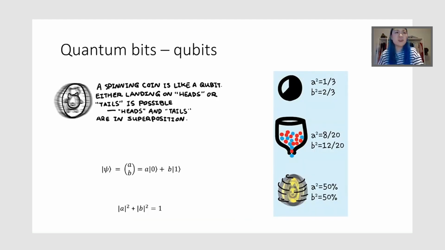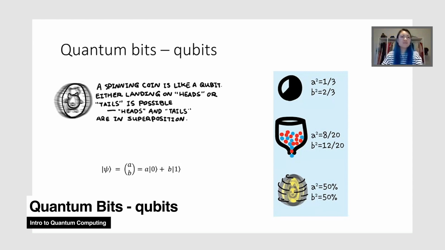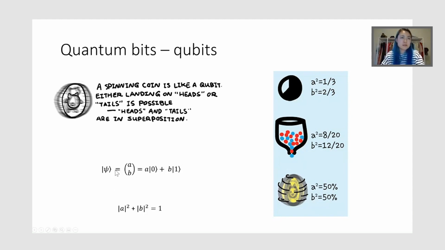watching them. So mathematically, how you can represent that is also using a vector. Phi is an arbitrary label; you can say this is a quantum state and it's described by a vector. But now, instead of just 0 and 1, you can have any arbitrary number to give a weight to these 0 and 1 possible states. So A is the amplitude of state 0, and B is the amplitude of state 1.